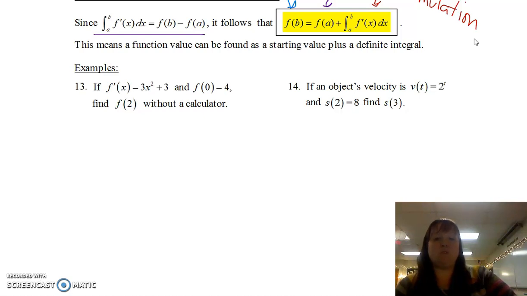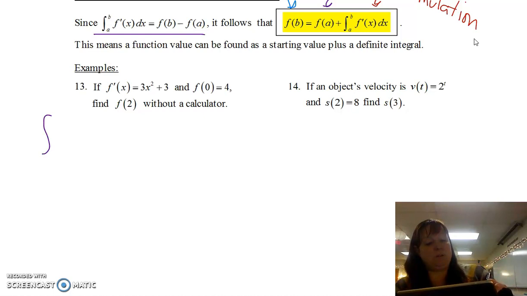So we have two different methods for doing this. The first method is going to be just standard integration. We're going to take the integral of 3x squared plus 3. Actually, we're not going to do a definite integral on that one.